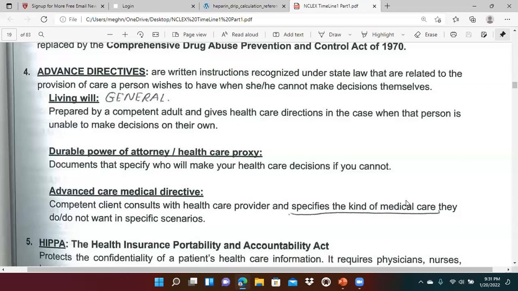So an advance care directive is sometimes called the living will, and the directive is the formalized version of your advance care plan, right? And the advance care medical directive outlines your preferences for your future care along with your beliefs, values, and goals.